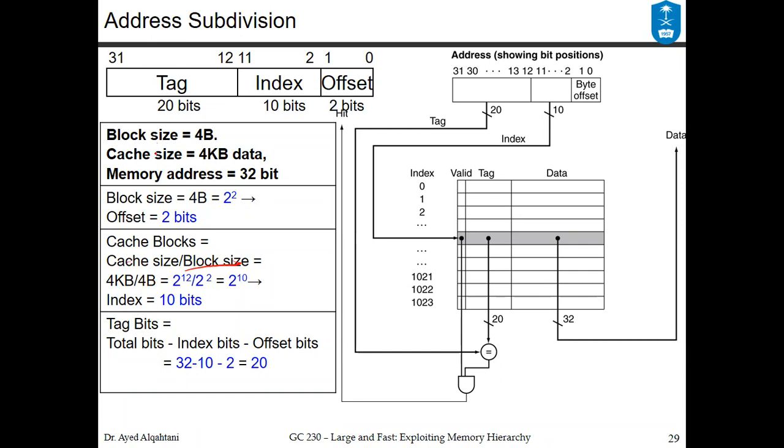And the cache size was given to us, which is 4 kilobytes. So 4 kilobytes, which is 2 to the power of 12, divided by 4 bytes, which is 2 to the power of 2, is equal to 2 to the power of 10. And from this 10 in the power, this means that we have the index equal to 10 bits. So you have 10 bits starting from bit 2 to bit 11.